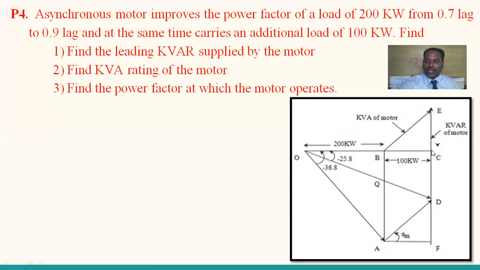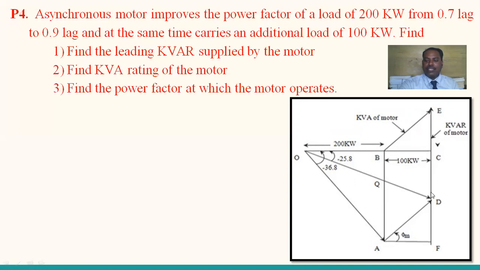It supplies a reactive power CE, which is leading in nature, resulting in the net reactive power. Already AB is the reactive power within the existing circuit. Due to the condenser connected, it injects a reactive power of CE into the circuit, so that the net reactive power is AB minus CE.